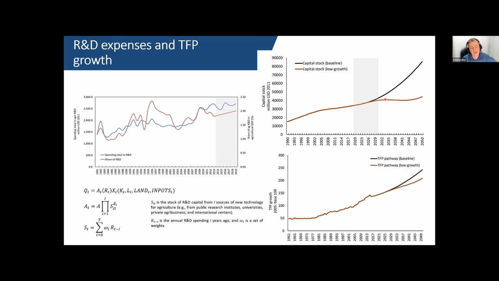We are seeing the effects of these 10 years only in 2040. Because of this lag structure, we are moving away from the baseline scenario, and this is reflected here in the TFP. So this is how we connected these investments with the technological improvement.